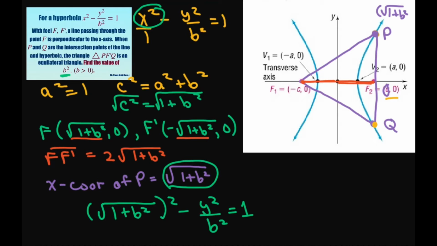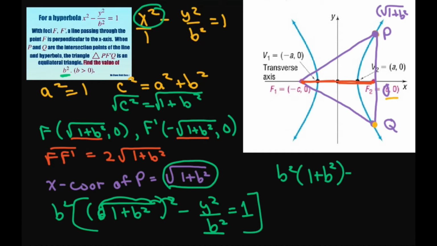Simplifying, we clear the fractions by multiplying through by b squared. That gives you b squared times 1 plus b squared minus y squared equals b squared.